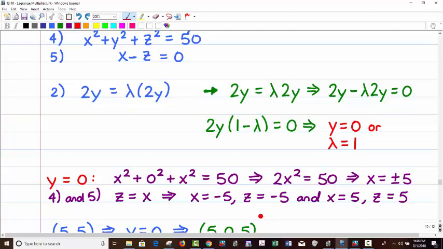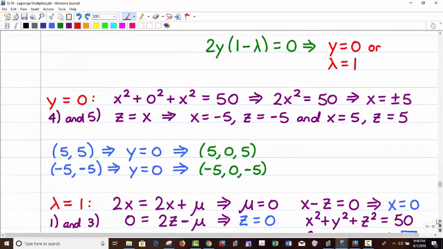Now, equation number 5 tells me that z equals x. So when x equals negative 5, z equals negative 5, and when x is positive 5, z is 5, both working with y equals 0. So we yield these 2 points right here based on y equals 0.